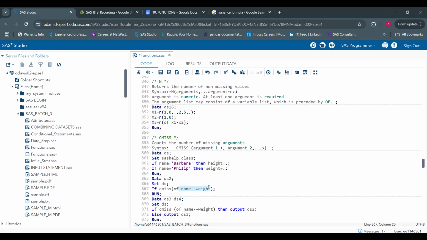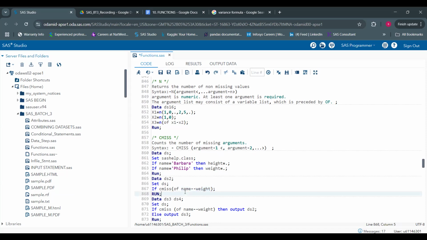It gives the values that are present between the name variable and the weight variable. Okay, that's what I want.